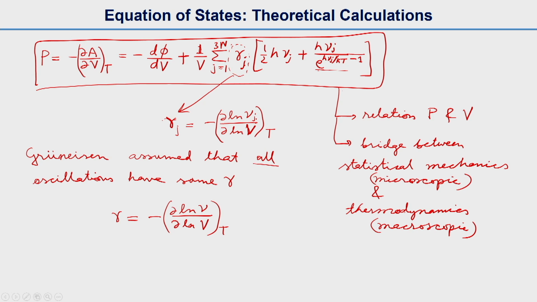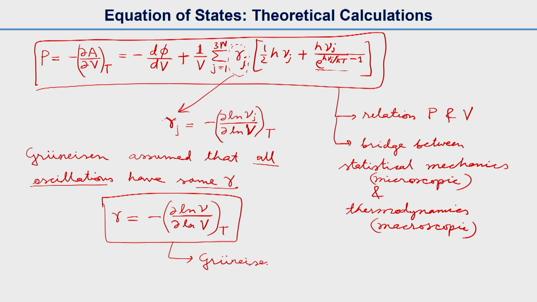So it says that all oscillations have the same gamma. That's the assumption to simplify it. This gamma, as Grüneisen assumed, is called the Grüneisen constant.